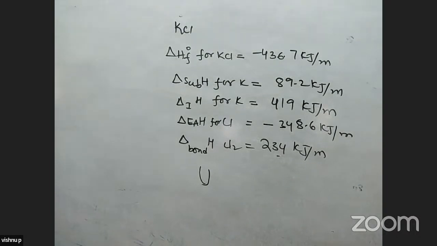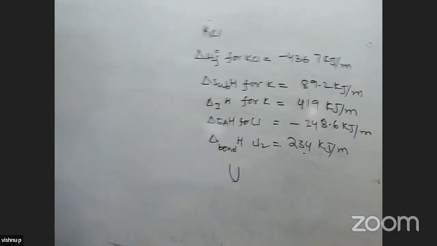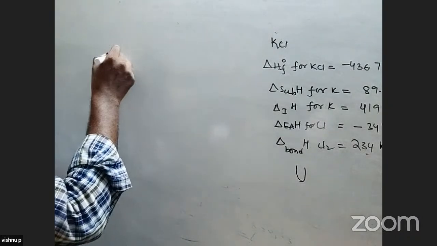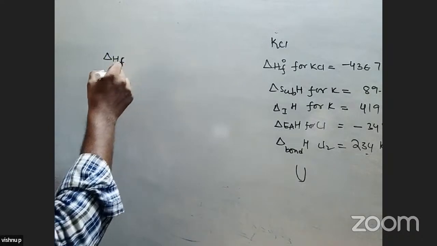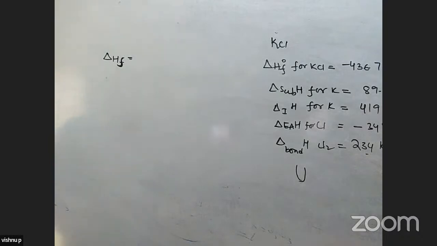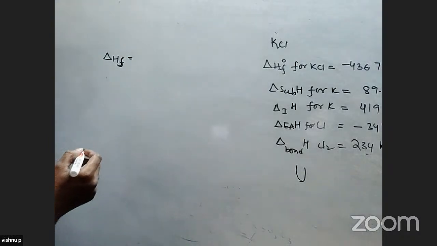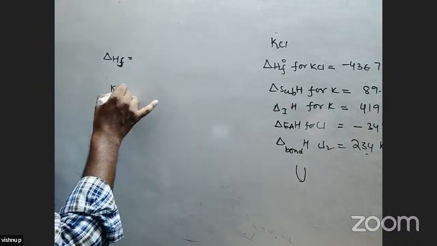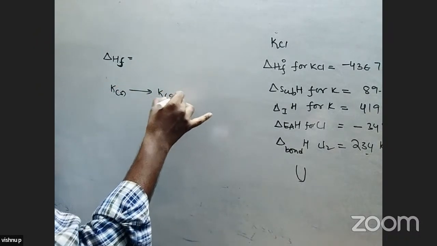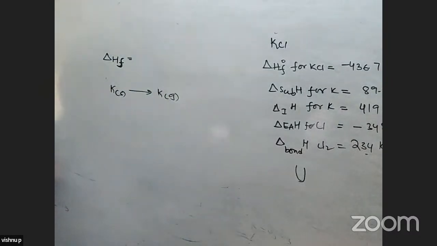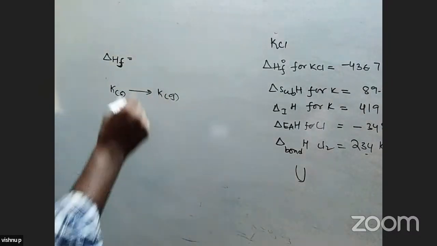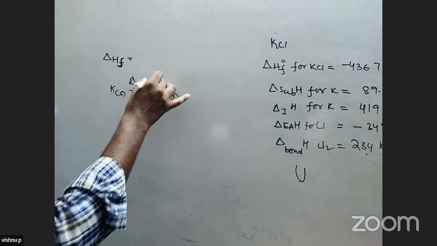What is enthalpy of formation? Here, potassium and chlorine both combine to form potassium chloride. That, in a one-step reaction, is the enthalpy of formation. In a multi-step process, first potassium solid is converted into potassium gas. For this, some energy is required, which is called sublimation enthalpy.